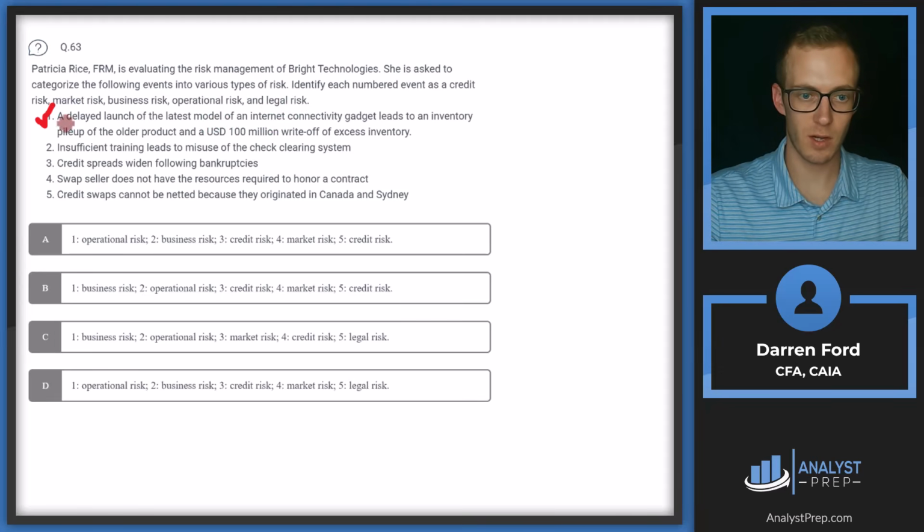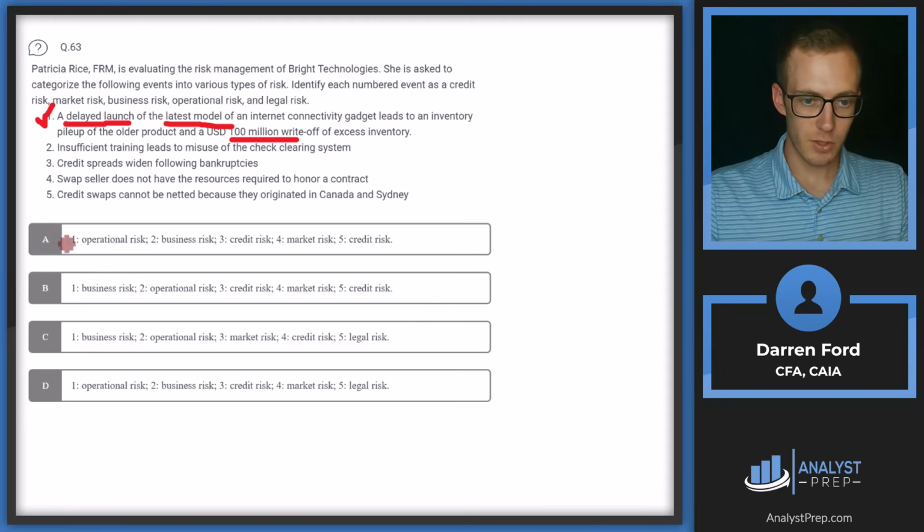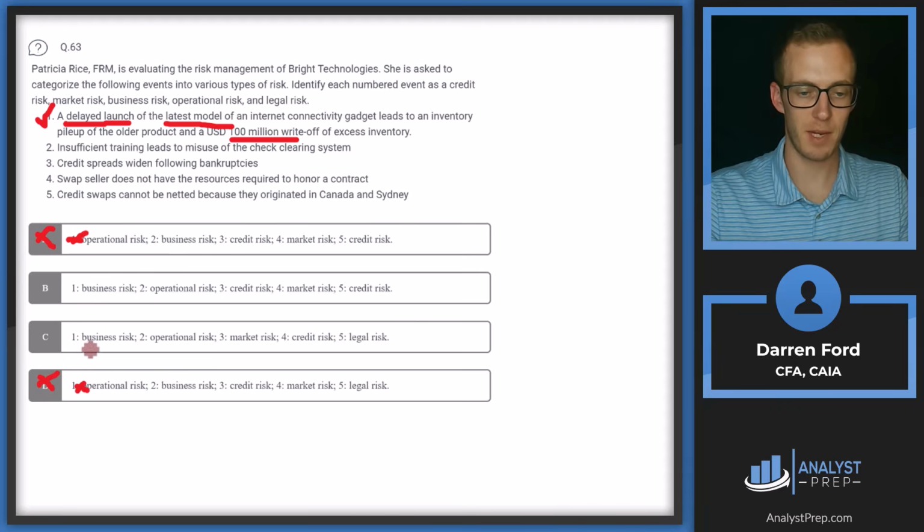We're delaying this launch of the latest model, and that's leading to this bad thing financially for us. So that's going to be a business risk above anything else. So right away, we've got operational risk, so we can go ahead and rule out A. And then for D, we have operational risk 2, so we can rule out D as well. So we're looking at B and C here, and we'll be comparing these down the line.